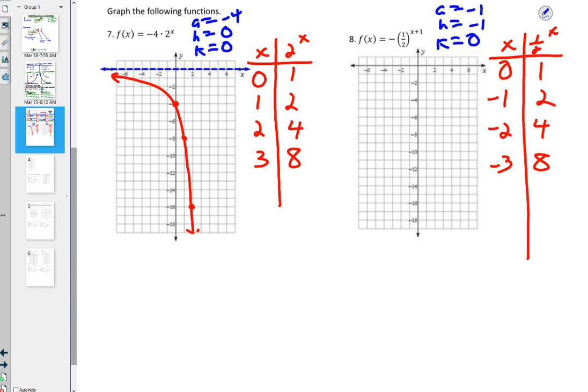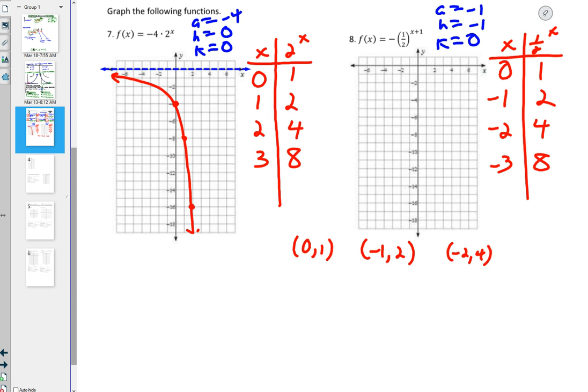If H is 0, you can ignore it. If K is 0, you can ignore it. It's not going to do anything. So which of those numbers can I ignore right now when I'm about to transform? I can ignore K. What points am I going to start at? The ones I got: 0, 1; -1, 2; -2, 4; and -3.